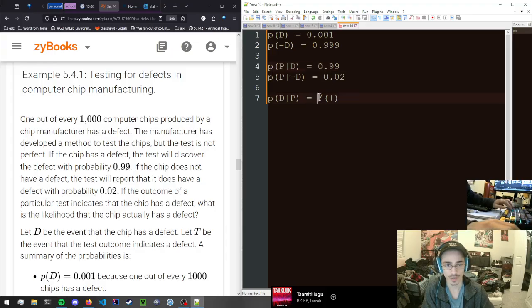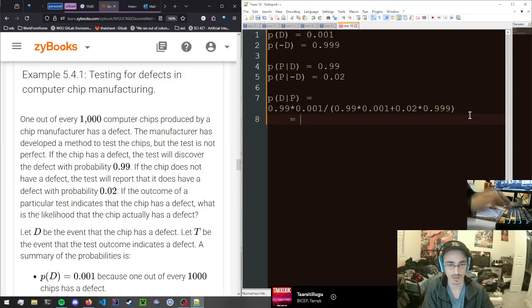We got this times this. This goes here as well. And then we got this times this. Let's make sure that's right. So we got P given D, so this times this, so 0.99 times this, and then the other one is 0.02 times this.